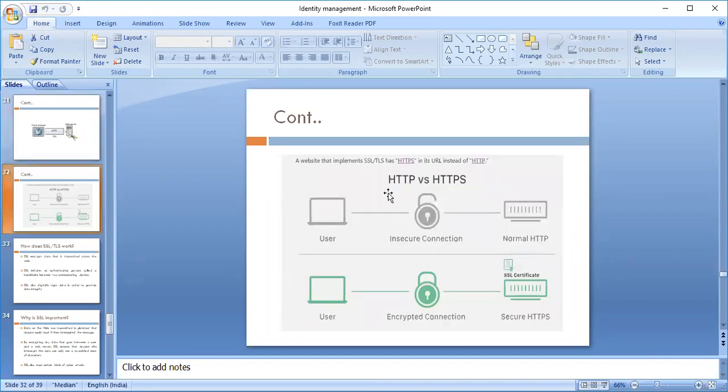Here, the first one uses normal HTTP URLs, so we have established an insecure connection between the browser and the user.